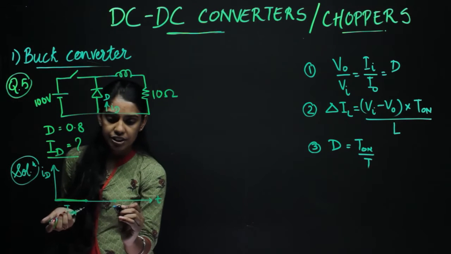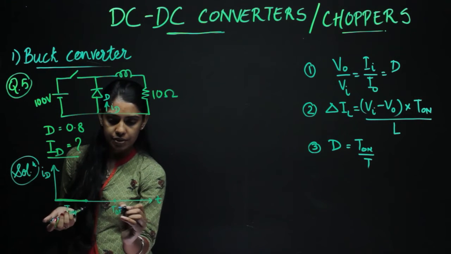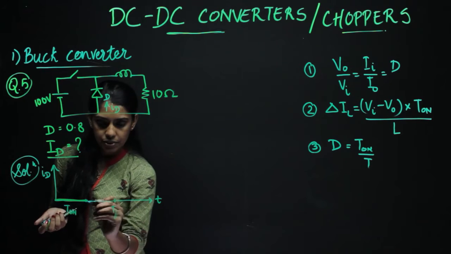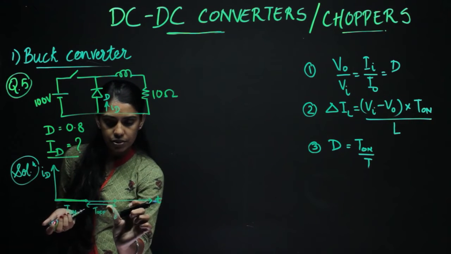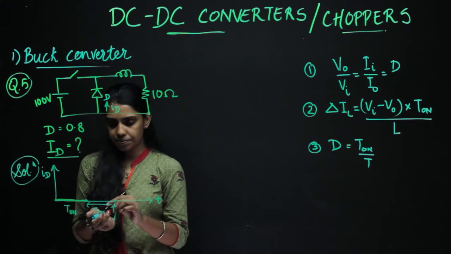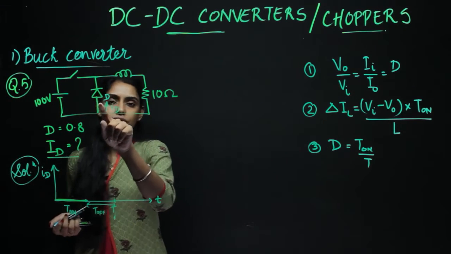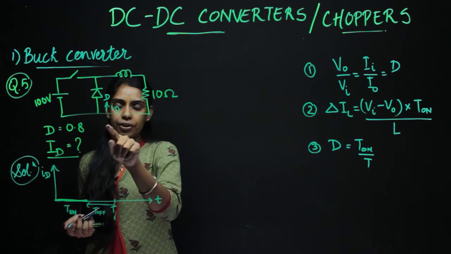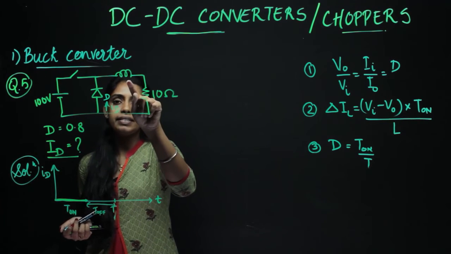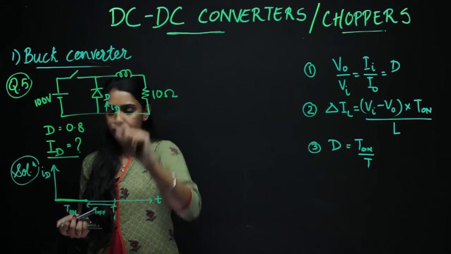Next, this is T, and this is T off. When the switch is in the off condition, the diode gets forward biased because of the inductor current. So current will flow in this diode. Now this current is same as the inductor current.